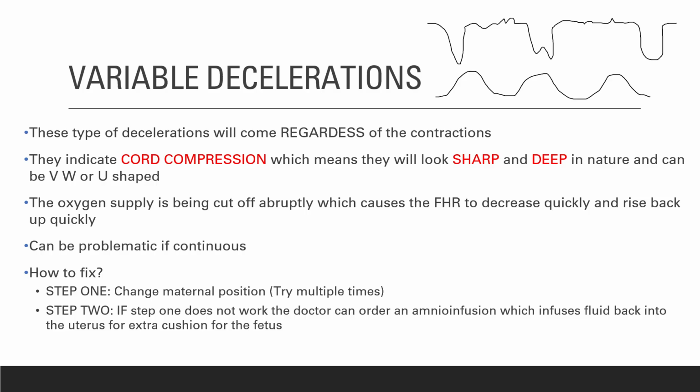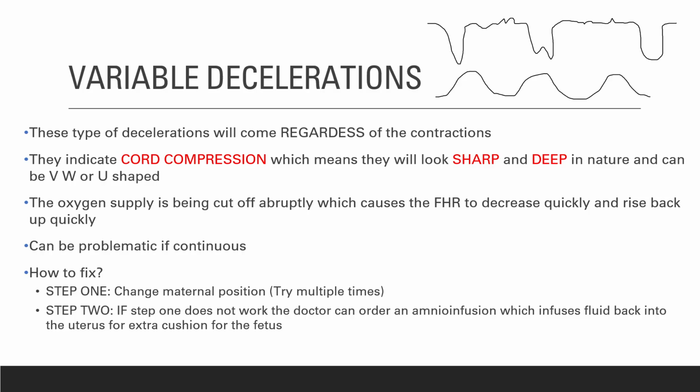Variable decelerations, these types of deceleration will come regardless of the contraction. So it can occur with the contractions, or it can actually occur without the contractions. It's very spontaneous also. So this indicates cord compression.